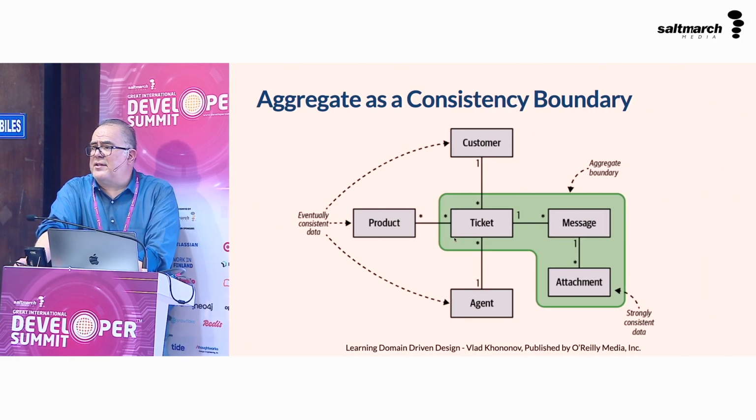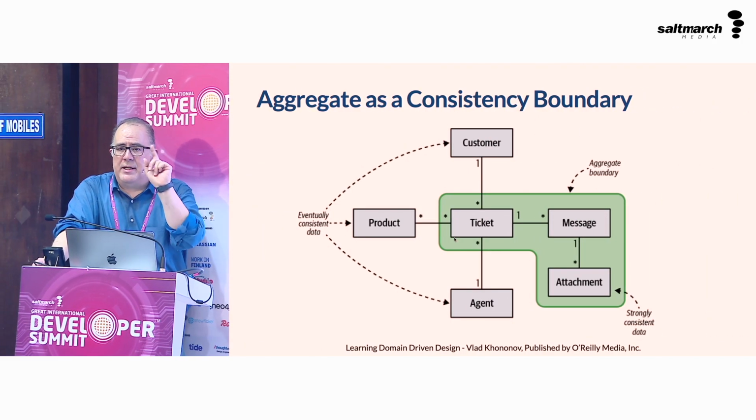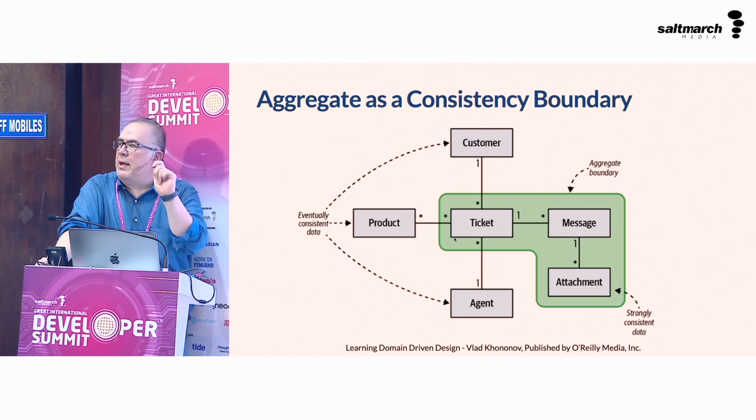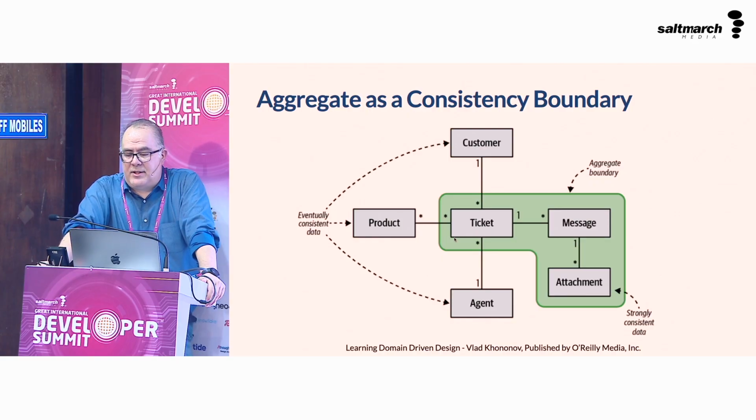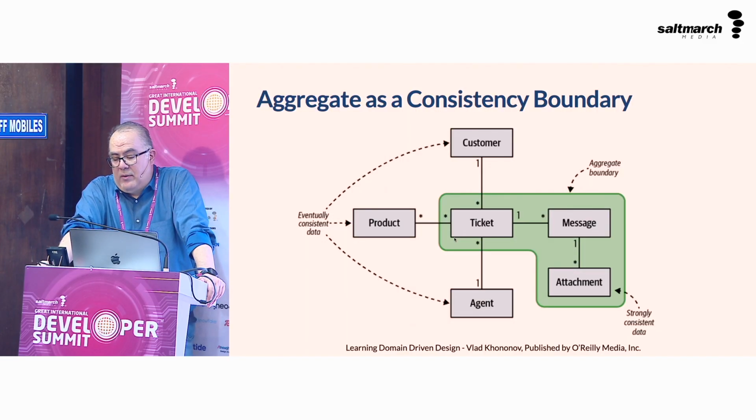I think this is the important one, and many of you saw this in my DDD talk, but if you weren't, I think this is a really great image. One of the things you'll do when you design this software is the following. In the green here is what's called the aggregate boundary, with ticket, message, and attachment.